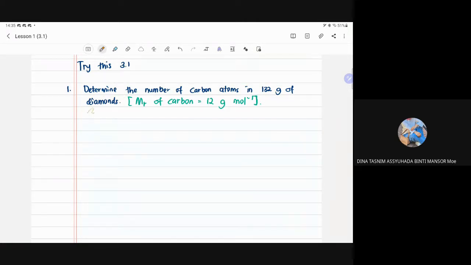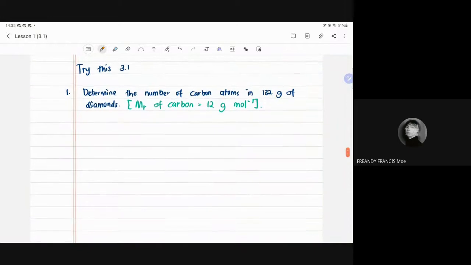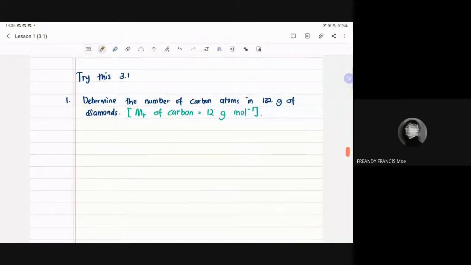It only contains carbon. Yes, Friendly? You raised your hand? Dia rasa tertekan. Okay, alright. Tertekan, stress kah? Okay, alright. Okay, so as you know, diamonds, it contains carbon only.